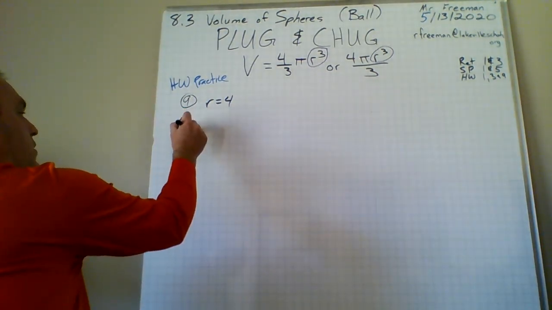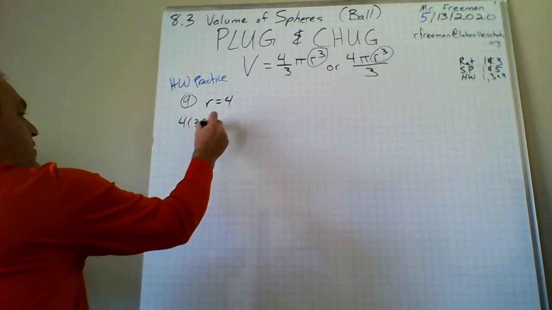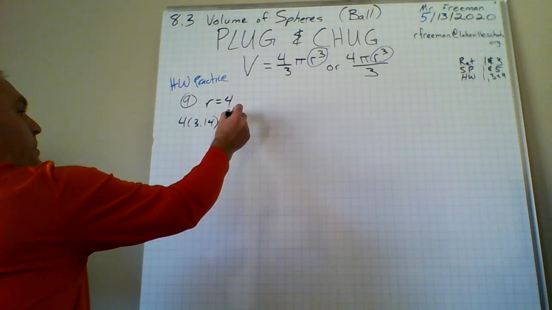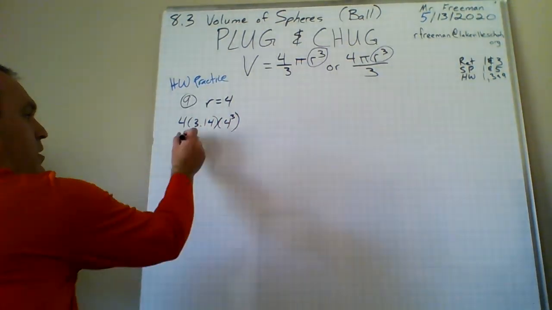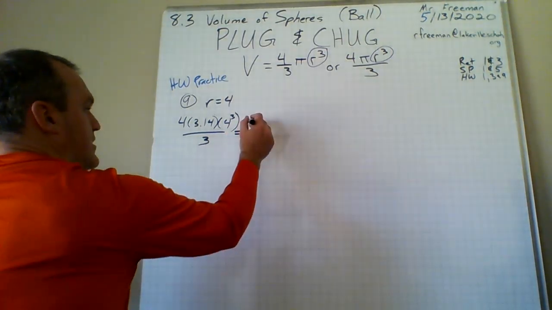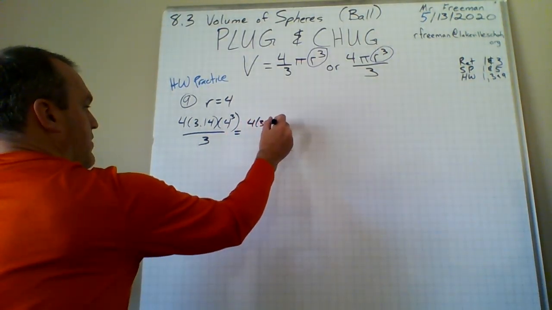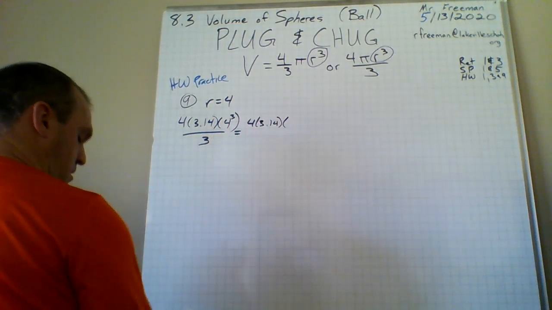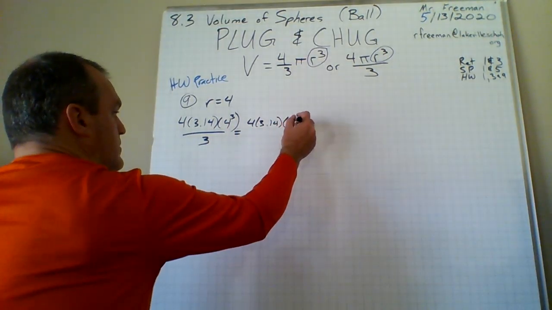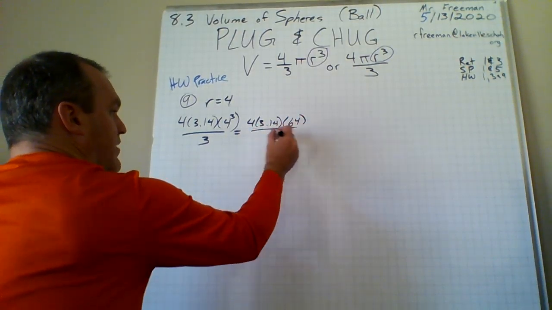We're still going to do 4 times 3.14 times what 4 cubed is. And when we do that, we're going to divide it by 3 eventually. So that's the same as 4 times 3.14 times 4 cubed is 64. And we're going to divide that guy by 3.